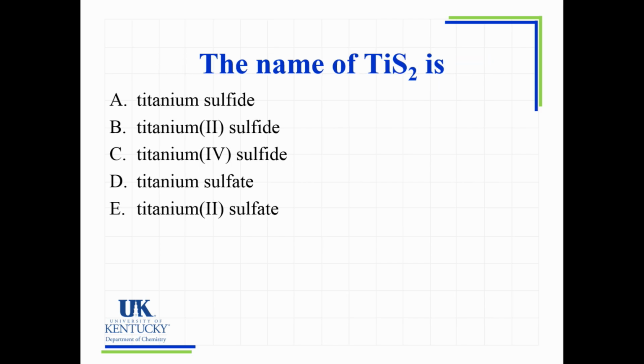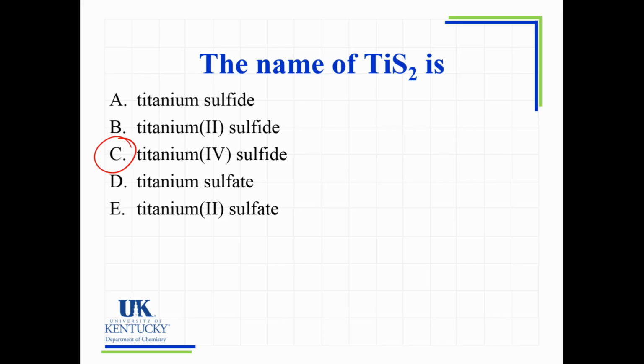Okay, here's another one. TiS2, you're going to name that one. Stop, think about it, pick your answer. Okay, did you give it a Roman numeral? If so, you're off onto the right start. Did you give it the correct Roman numeral? It should be titanium 4 sulfide.